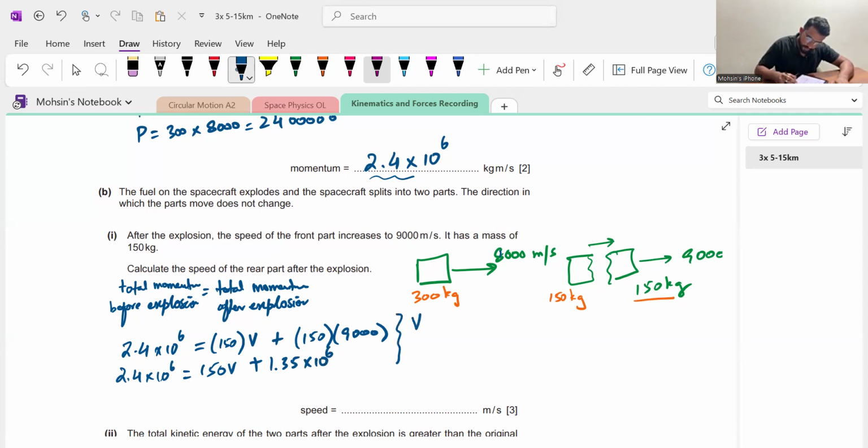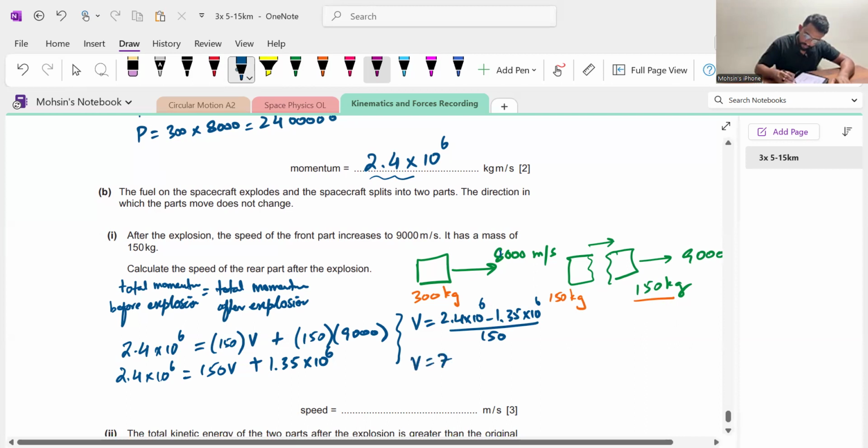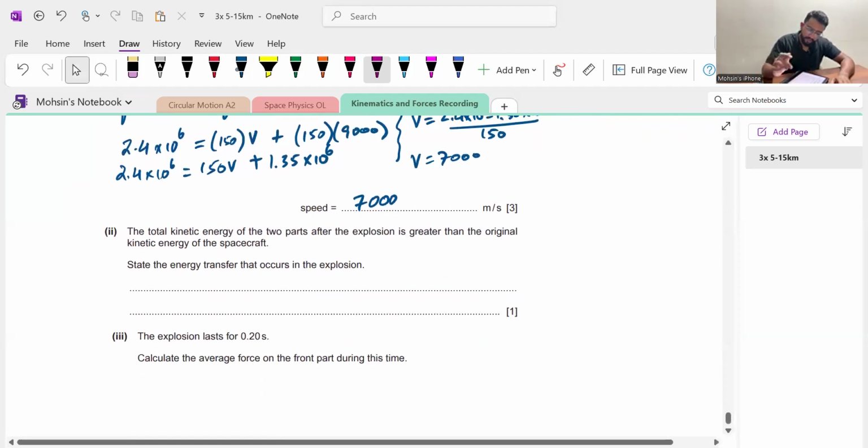If we subtract it, 2.4 exponent 6 minus 1.35 exponent 6, divided by 150, I'm getting 7,000 meters per second.